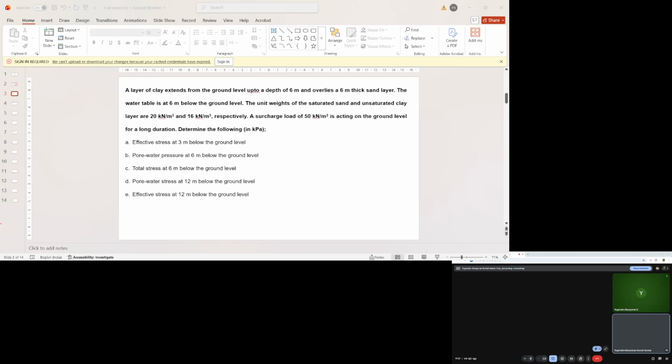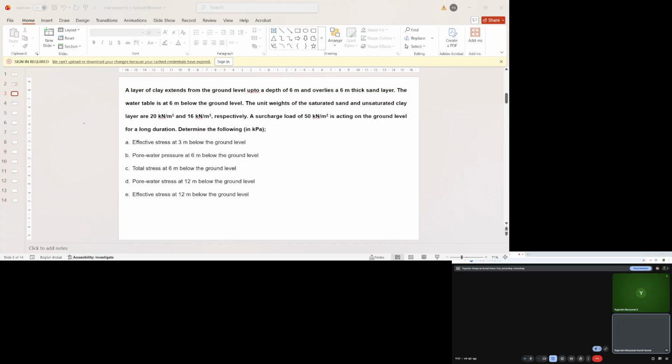The sigma is going to be 50 surcharge plus 16 into 3, since it is 3 meters, which is equal to 98.